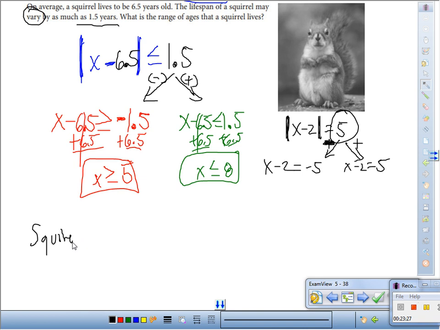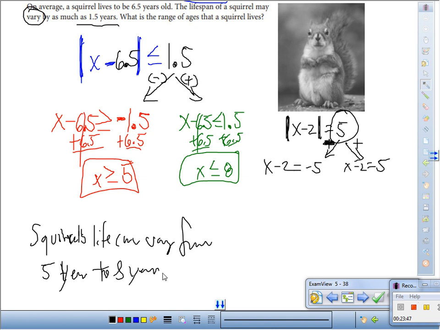Squirrels' life can vary from 5 years to 8 years. Thank you. Hands up if you agree with that? Yeah. Like I said, in your own words, just make sure to address the ranges that you got.